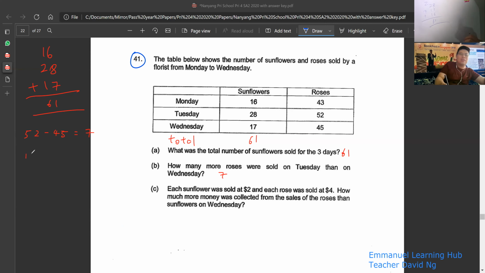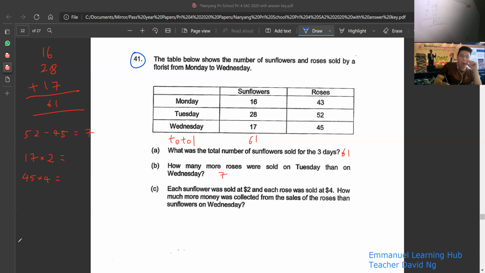Yes. 17 times 2, what do you have? 45 times 4 equals 220. No. 45 times 4, not 220.